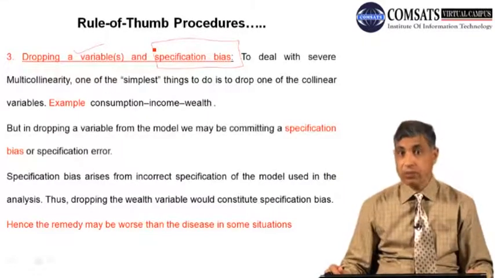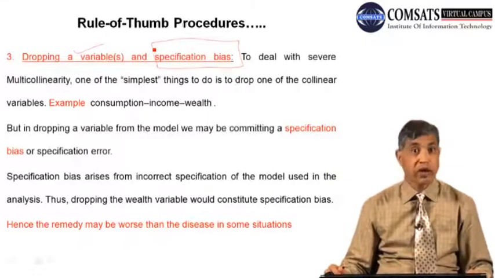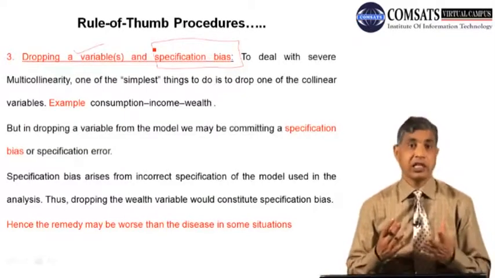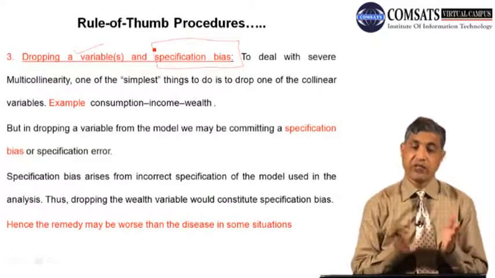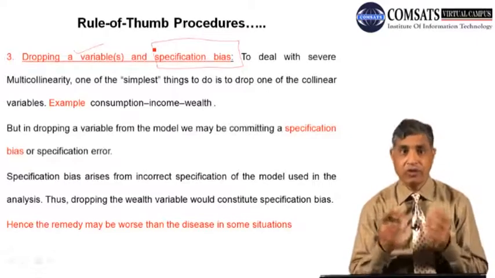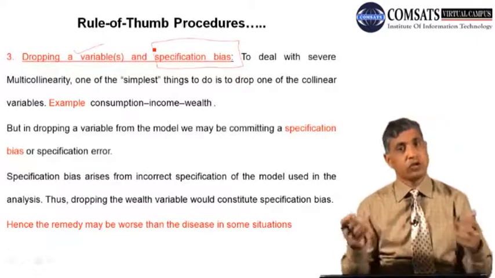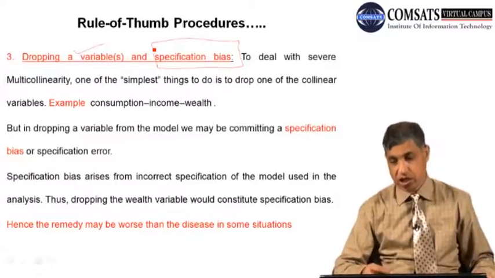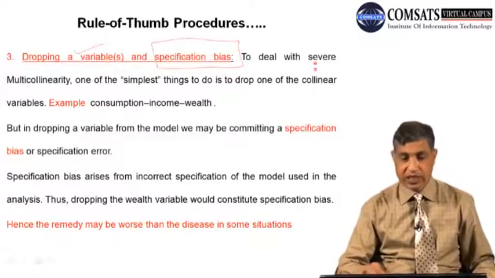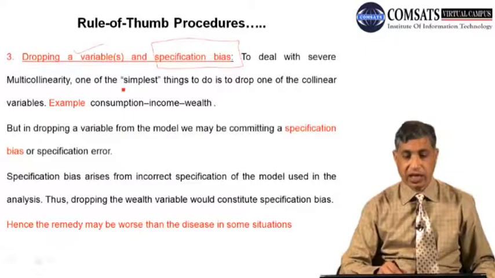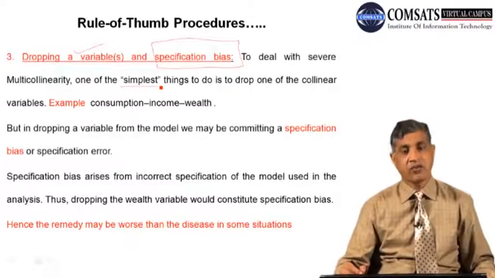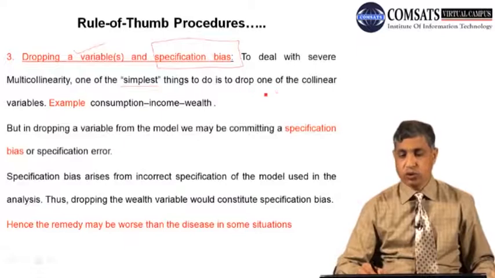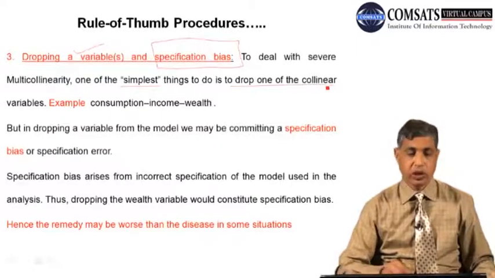What is the specification bias? We assume that our model is correctly specified. If your variable is important and you have excluded it, you are falling into the specification bias. So to deal with severe multicollinearity, one of the simplest, I would say awkward, things to do is to drop one of the collinear variables.